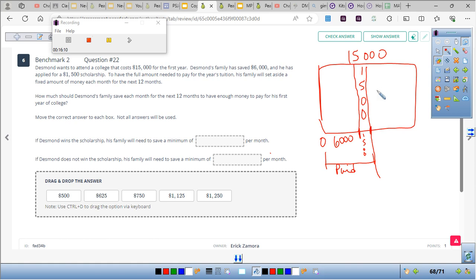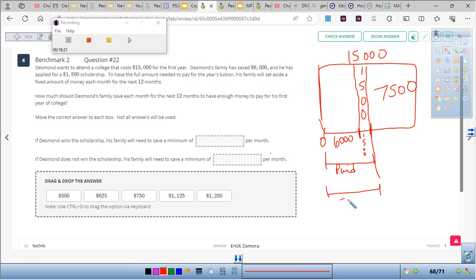So right here is 7,500. If they don't pay this part right here, from here to here is only 6,000. Okay, got all the numbers.